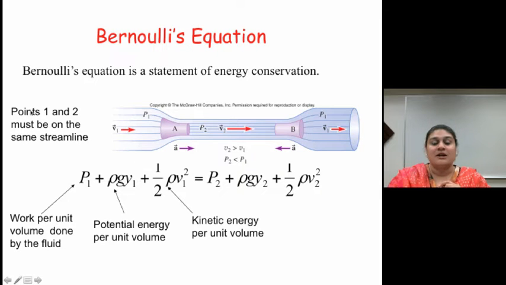And for fluids, the energy is given by the work done per unit volume by the fluid, plus the potential energy per unit volume of the fluid, plus the kinetic energy per unit volume of the fluid. At both of these points it should be the same. So P1 plus rho g y1 plus 1/2 rho v1 squared should equal P2 plus rho g y2 plus 1/2 rho v2 squared.